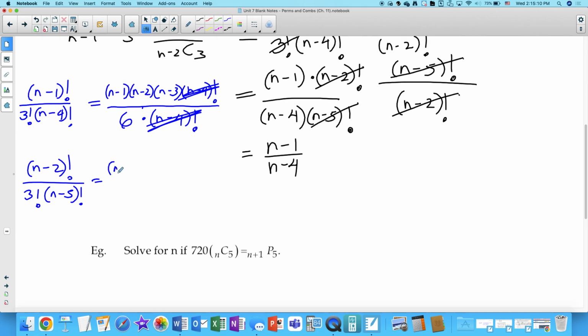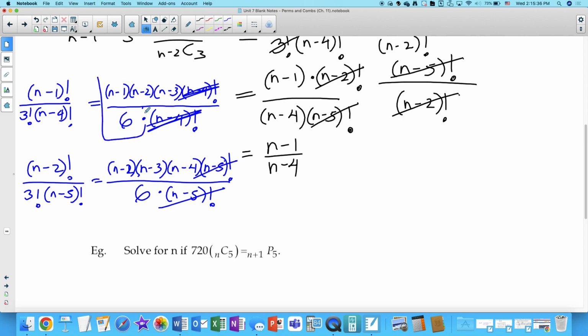So this is n minus 2, n minus 3, n minus 4. The next one will be n minus 5. So at that point, I'll add the factorial in because I know it'll cancel with this one in the denominator. And 3 factorial we just saw was 6, times n minus 5 factorial, right? So the second one, the first one is this. The second one is that, right?